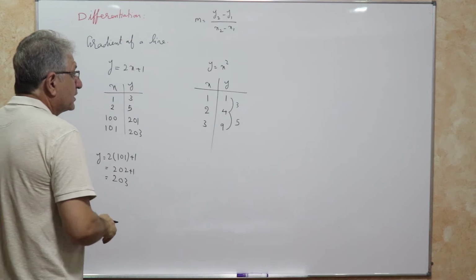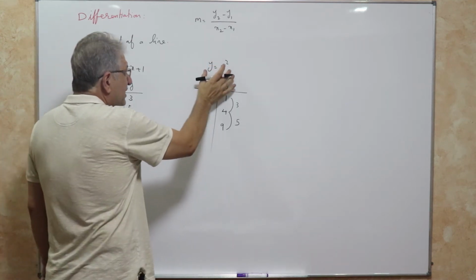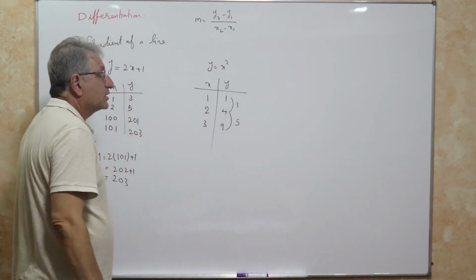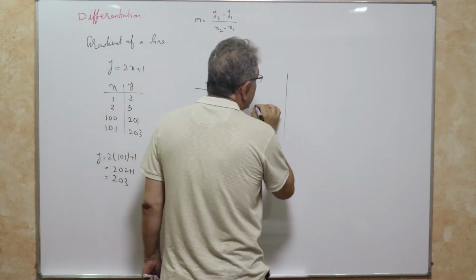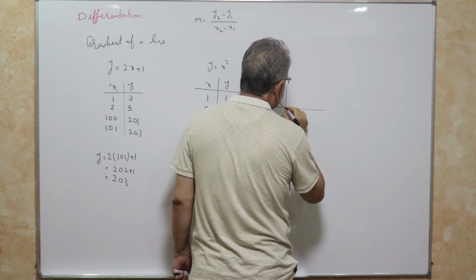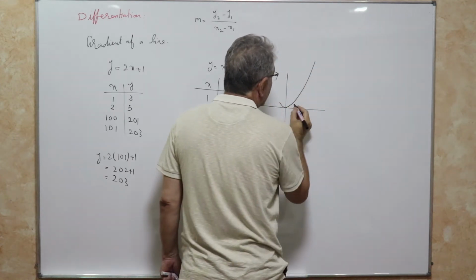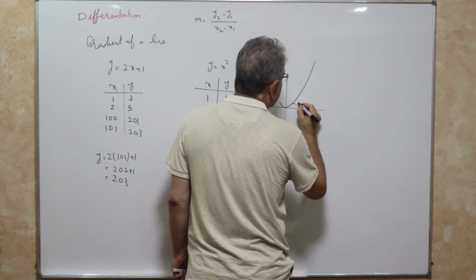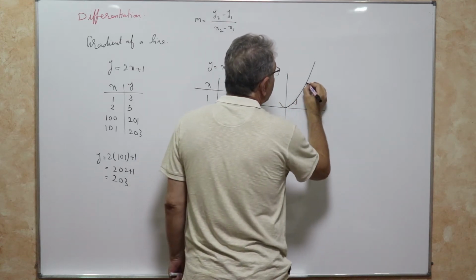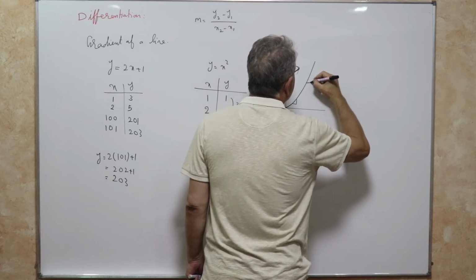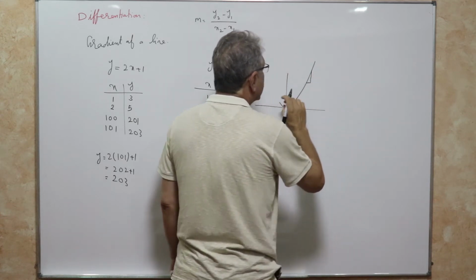Therefore, the gradient of this curve is not a constant number. Since you know the graph of this curve, you know that it is something like this. If you go 1 unit ahead here, you go only this much above. But if you go 1 unit ahead here, it will be much more than this.